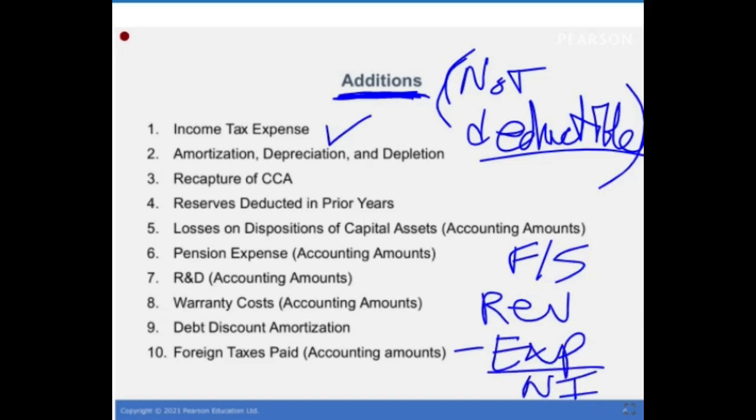If there's something in these expenses that's been deducted that isn't tax deductible, we start at net income and then we just add back all of these items. So when you're getting to net income on the financial statements, you would have deducted income tax. Can't deduct that to get to net income for tax. We got to add it back.